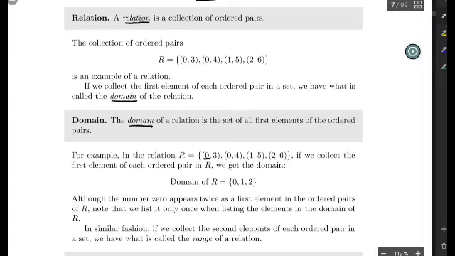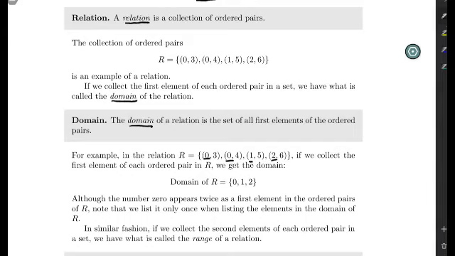The first elements in those ordered pairs are the numbers 0, 1, and 2. 0 is repeated twice, but when we list out those elements in a set, we only list 0 once. So 0, 1, and 2 are all the first elements of the ordered pairs in our relation R.